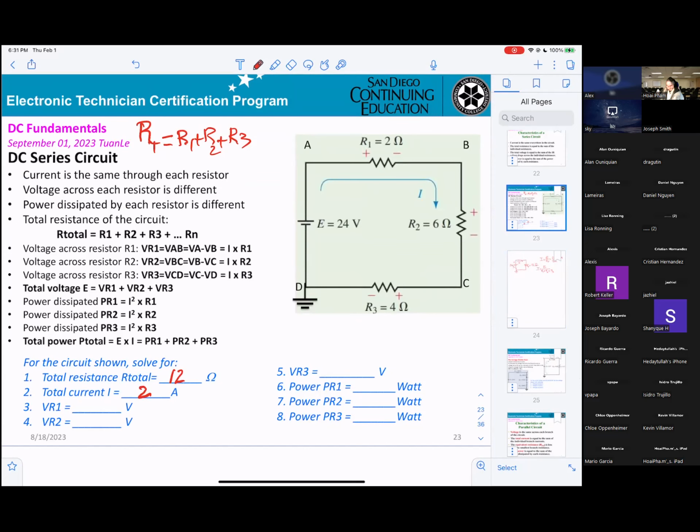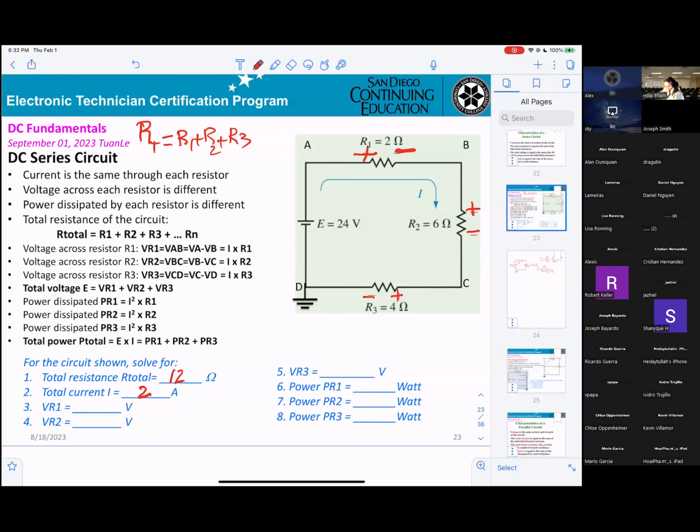Now, you need to know, when the current is coming in, this side will be positive. And when the current is leaving, the other side has to be negative. Same thing here, and same thing on that one.